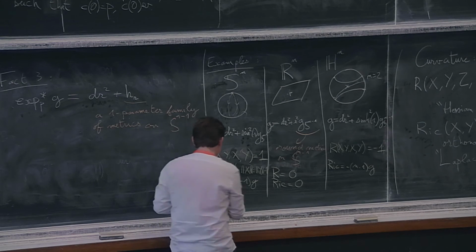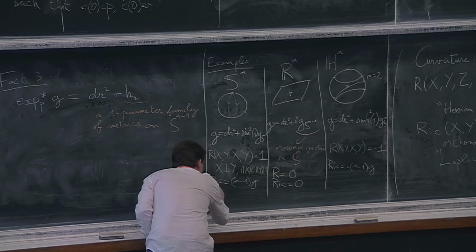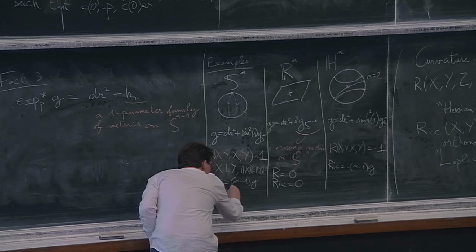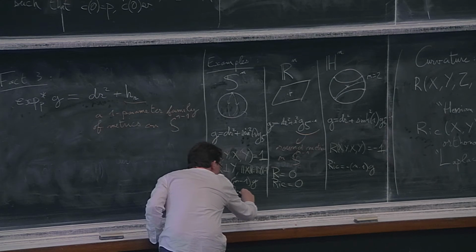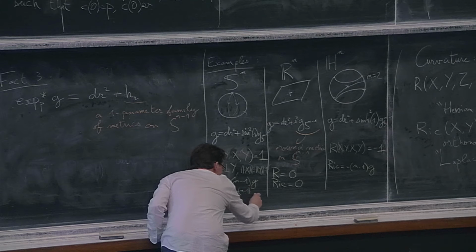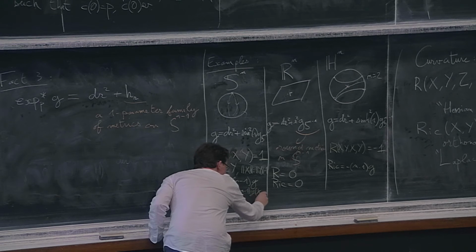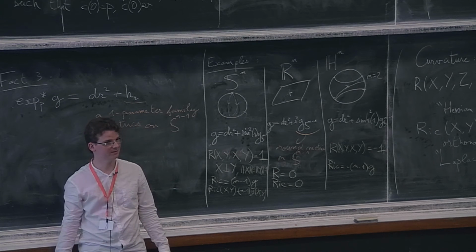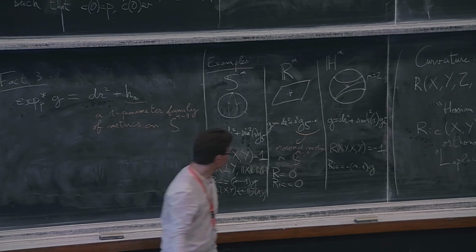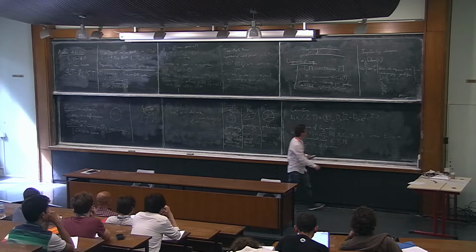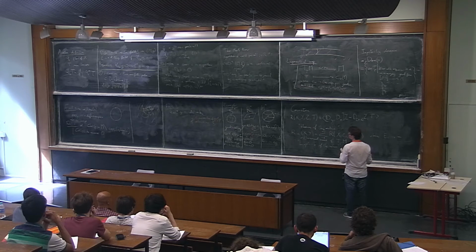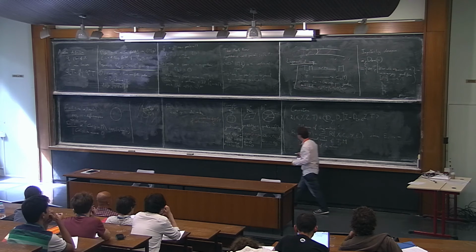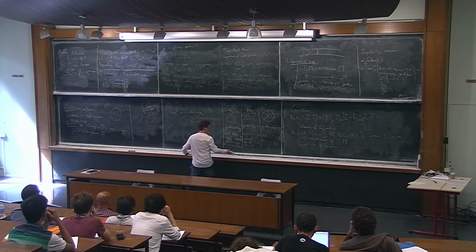So that just means that Ricci of x, y, how do I compute that? This is n minus 1 times g of x, y. Simply that. Is that okay? Okay. So I'll continue there because I want to pursue that here. So that's it for curvature.